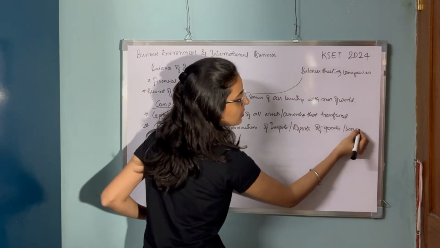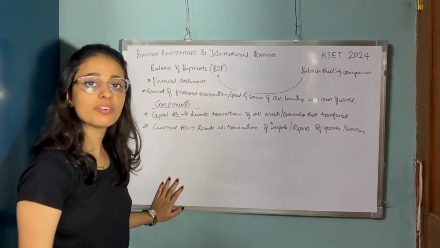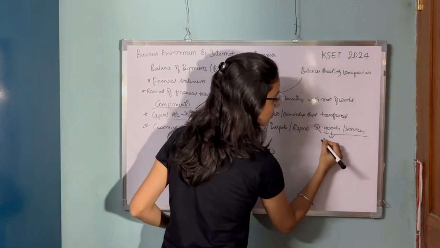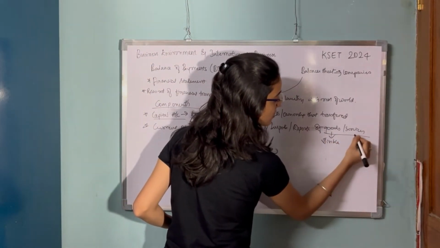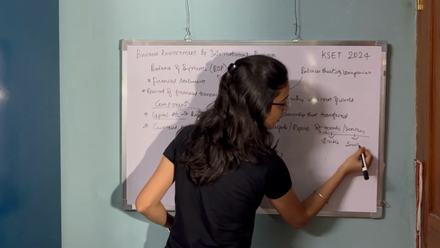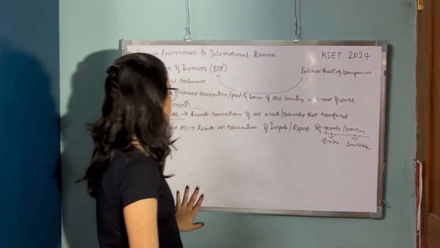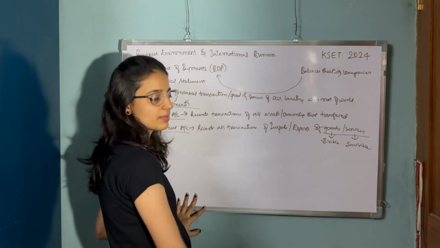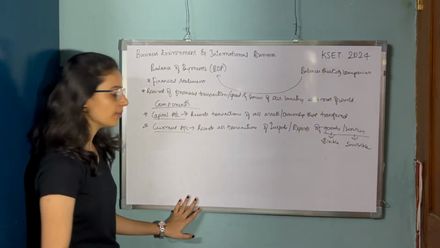Goods or services. Sometimes it is also referred to as visible and invisible items. Whereas this is visible, right? This is invisible. Invisible items. So, current account records all the transactions of visible and invisible items or exports and imports.